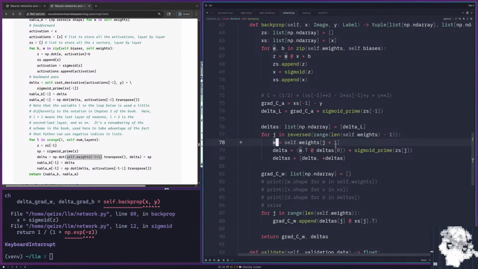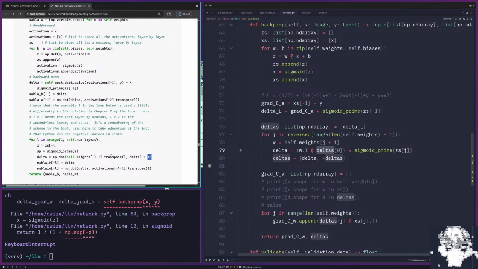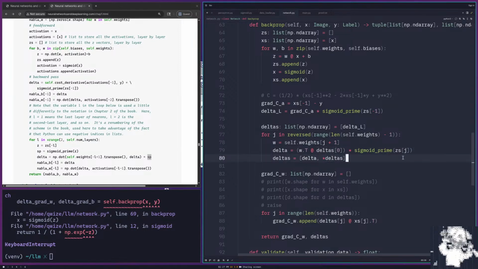That's the same as what we're doing by just getting the first delta in our list of deltas, which will be the last delta. And multiply that by sigmoid prime of z, which is the current z, which is what we're doing too. We add that to the front of our list of deltas. So this seems to be the same, the delta calculation.